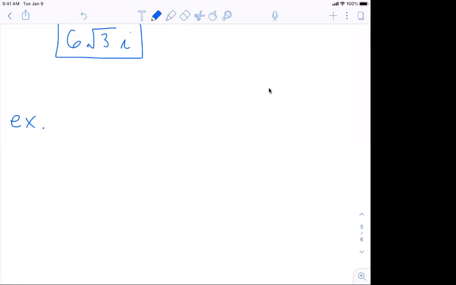So, for example, if we wanted to do -10 plus 8i minus 4 minus 3i, okay? We want to simplify that. -10 plus 8i minus the quantity 4 minus 3i, or 4 minus 3i in parentheses.